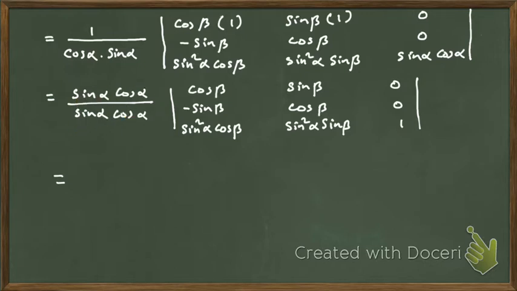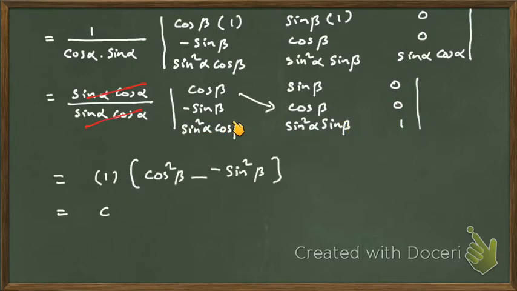Outside terms sine alpha cos alpha and sine alpha cos alpha will cancel, and then I am going to expand it using C3. So when I expand using C3, 1 into the 4 elements, the minor which you get by deleting the row and the column, just these 4 elements cross multiply, cos square beta minus sine square beta. But minus minus becomes plus. So you get cos square beta plus sine square beta, which is 1.